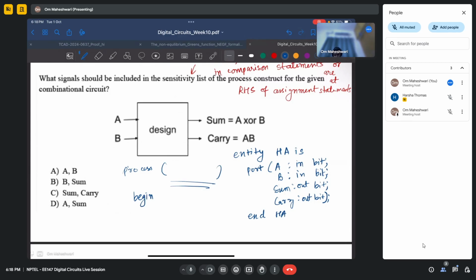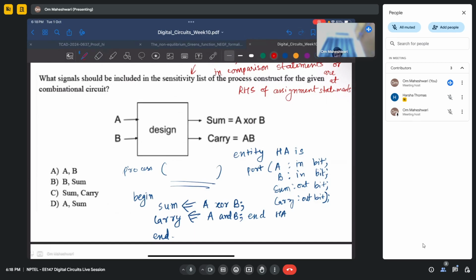We know sum is A XOR B, so sum is assigned as A XOR B, and carry is assigned as A and B. Then we end this behavioral block.